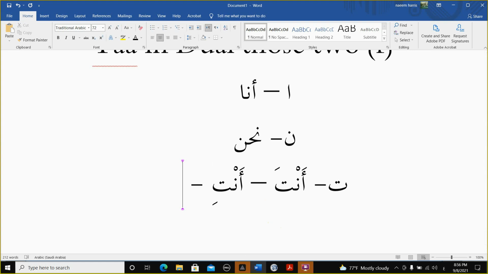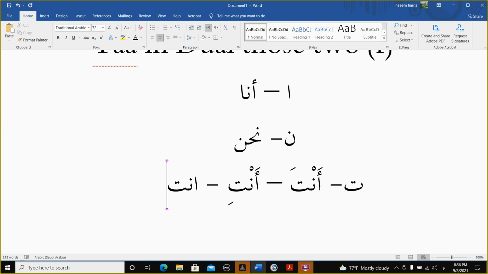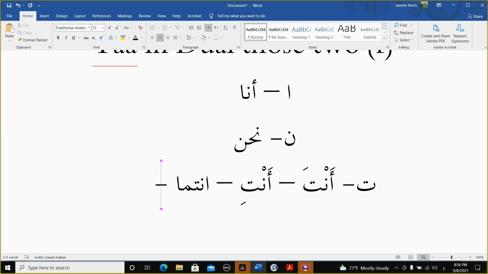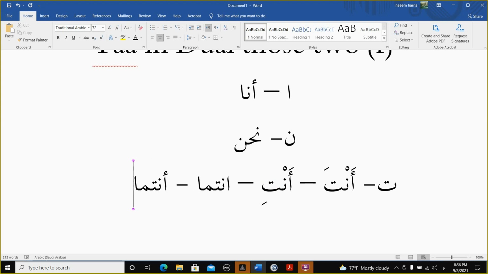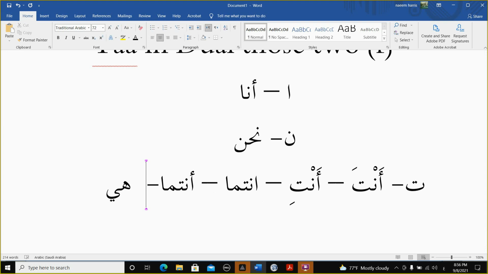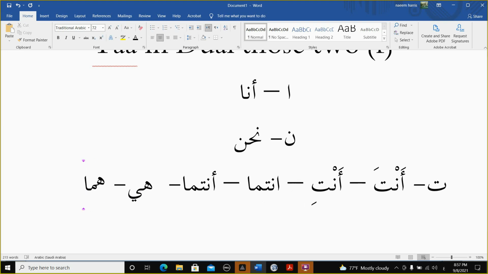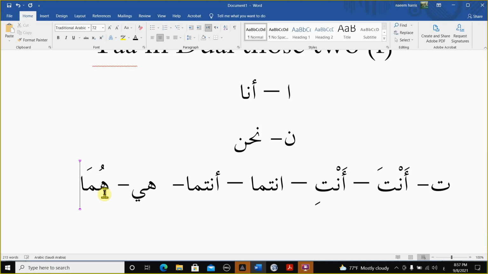Or anta, anti. That first ta can also be antuma, you two men. We didn't mention that one. It can also be you two women. And lastly, here, and then after that in the dual, it can be huma for the feminine.